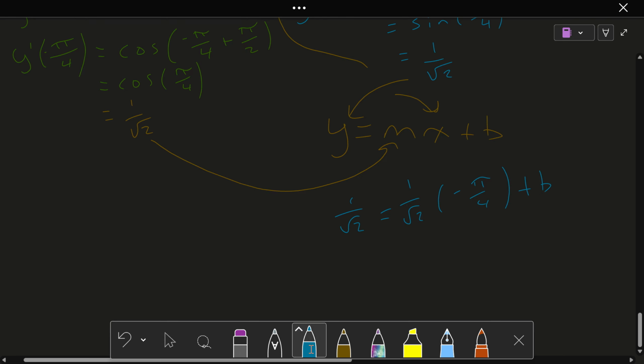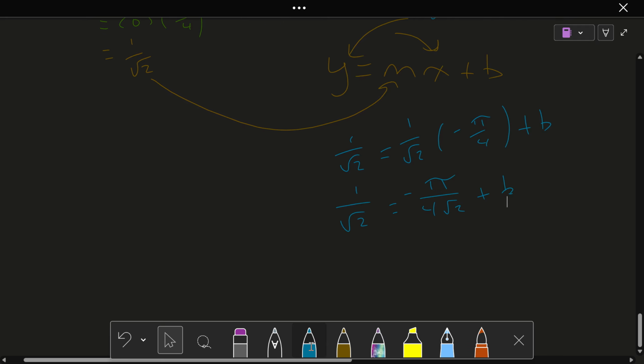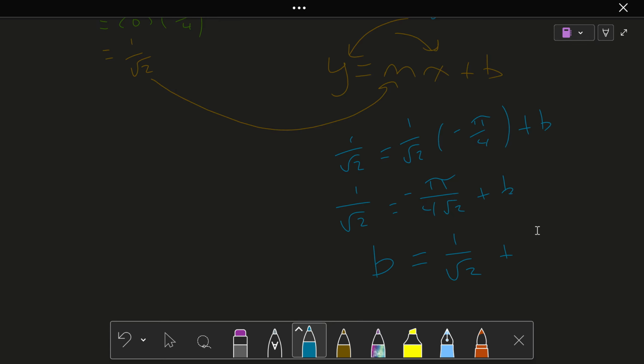So I'm going to have 1 over root 2 equals negative pi over 4 root 2 plus b. And then when I move that over, I'm going to have that my b is equal to 1 over root 2 plus pi over 4 root 2.